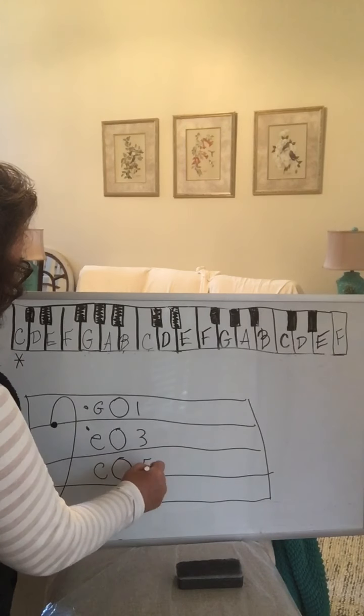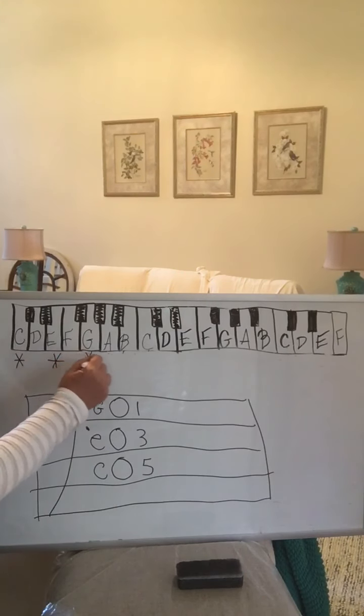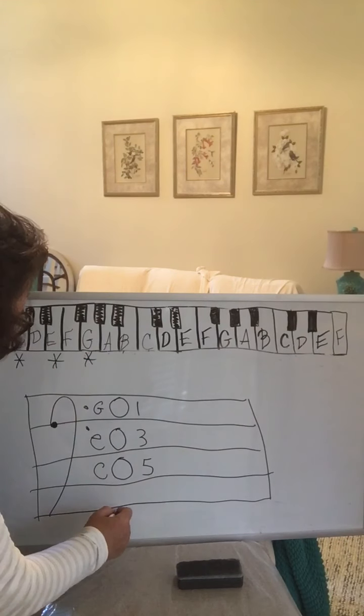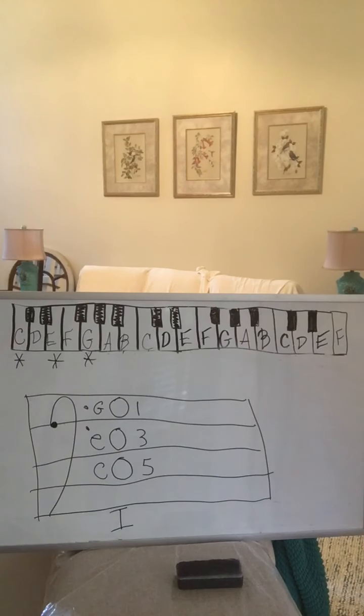So write that fingering in. This is your 5, 3, and 1, and all three of those notes are going to be played at the same time. That is called your number 1 chord. Okay, so you've got your root position number 1 chord in C.